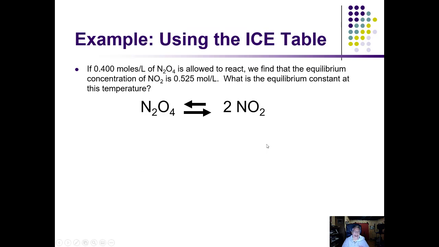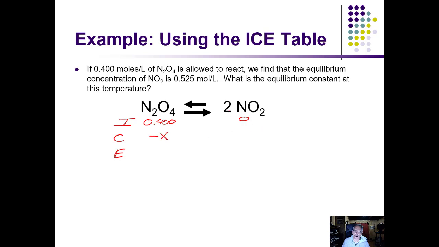So I've already said that we've got 0.400 molar concentration. This is our initial concentration, this is our change, and this is our equilibrium concentration. Over here we start out with 0. Then we plug in our change. Our coefficient is 1, so this is simply going to be minus x.